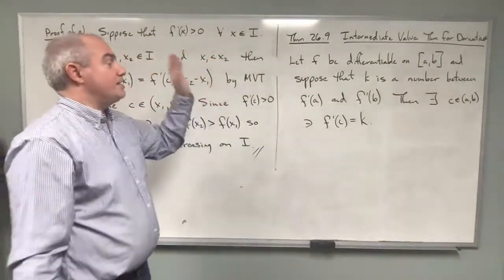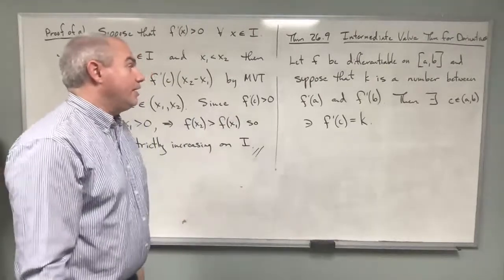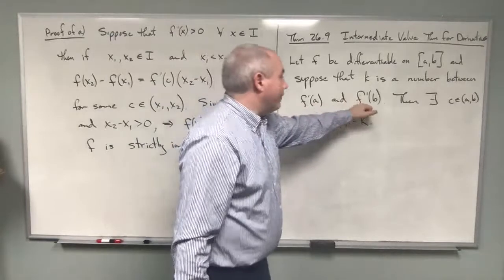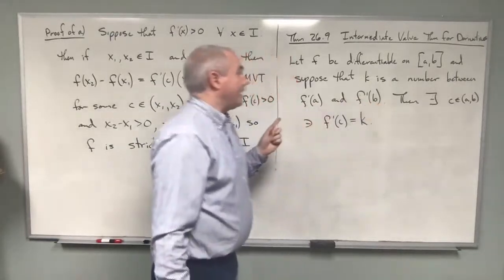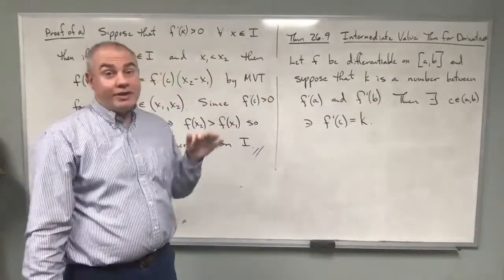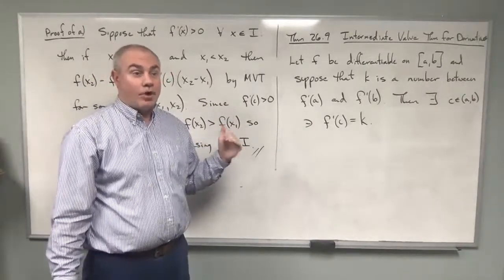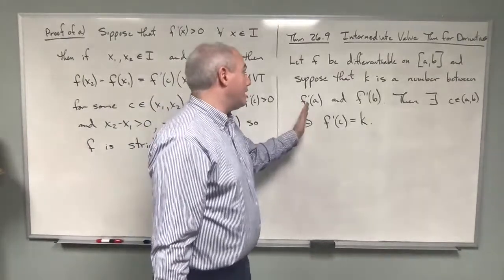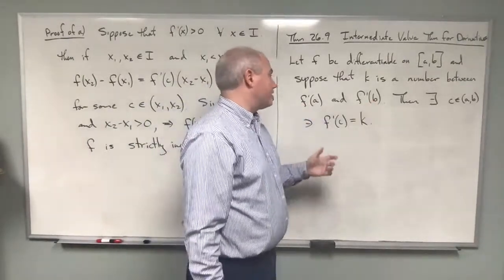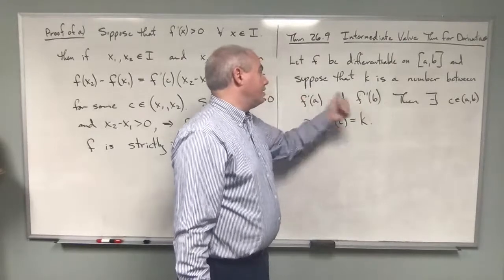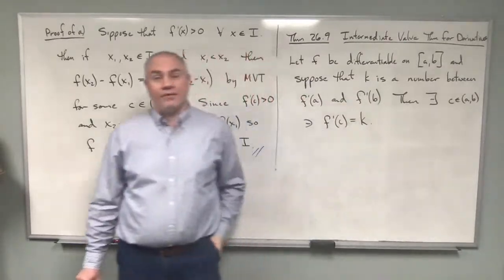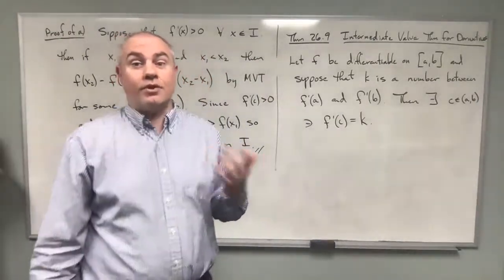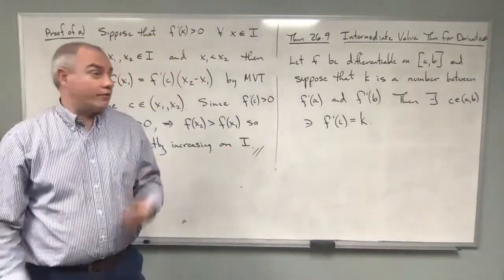This one says, let's say it's differentiable as well, and say that K is a number between the derivative at A and the derivative at B. Then it has to hit all the derivative values between f prime of A and f prime of B. So if you pick any K in between, there's a C that hits that derivative value. It's just for derivatives instead of for the original function.